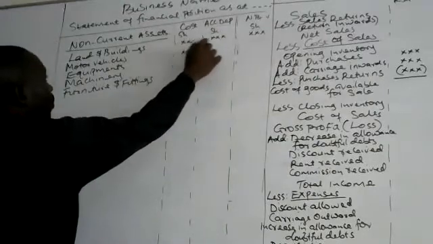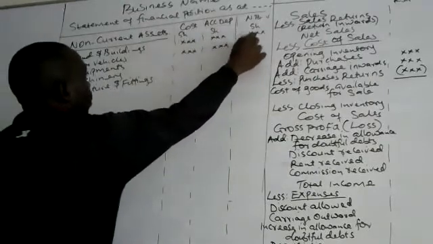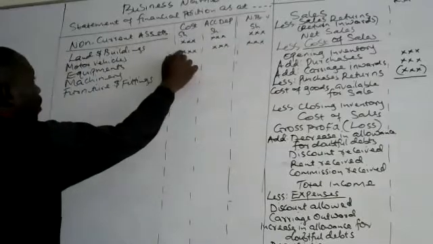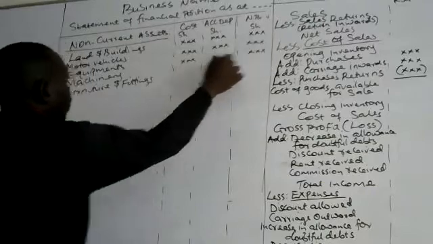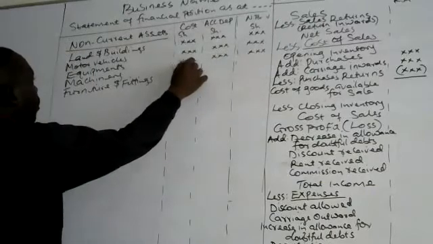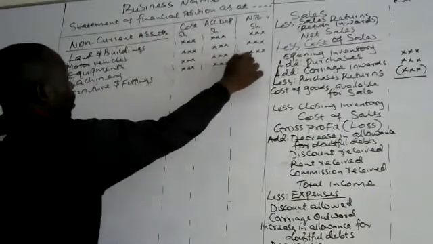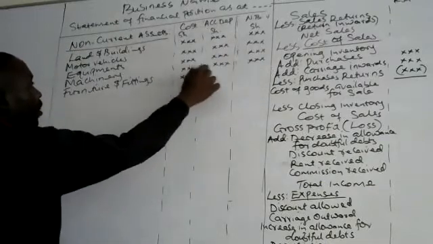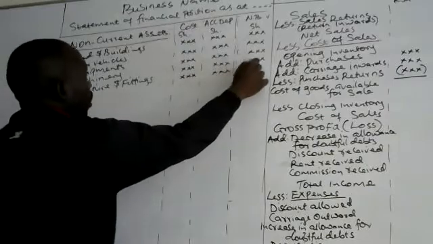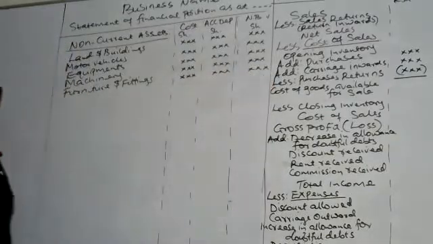The vehicles the same. Machinery the same. Cost minus accumulated depreciation gives you the net. You do them like that.